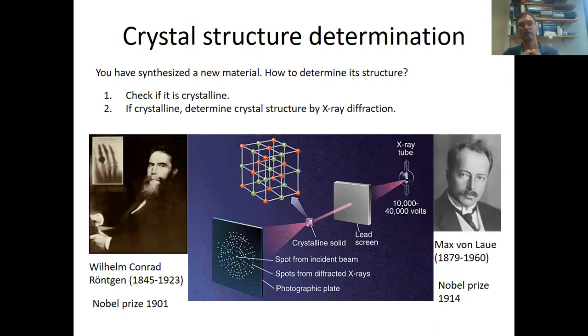So you create an X-ray diffraction pattern from your crystal structure, and then with the help of symmetry and the International Tables for Crystallography, you can determine the crystal structure from your X-ray diffraction pattern.